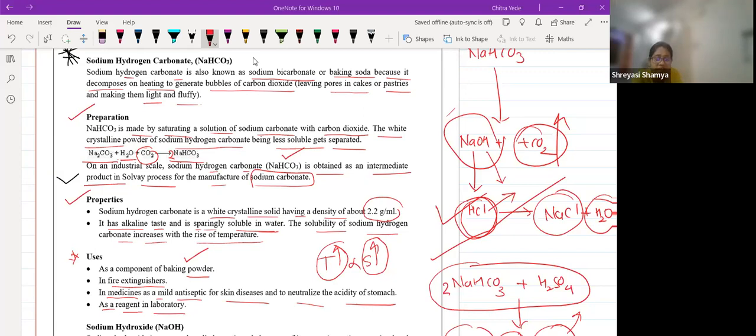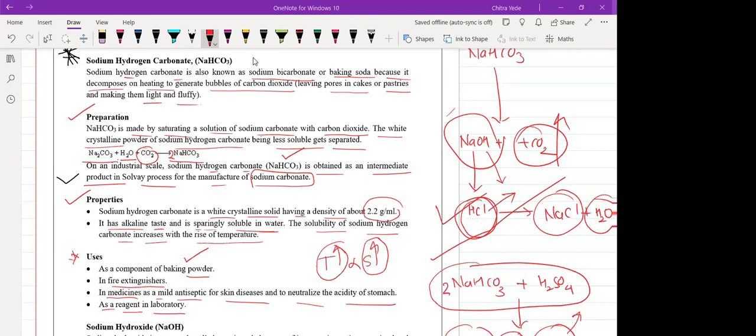For what type of reactions is it a reagent? Many, even in neutralization reactions. There are many reactions where it can be used as a reagent. It is nothing but a substrate, or it can be the medium in order to proceed in the forward direction. It provides the medium.